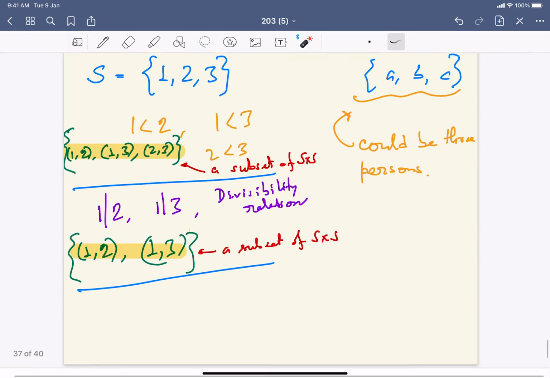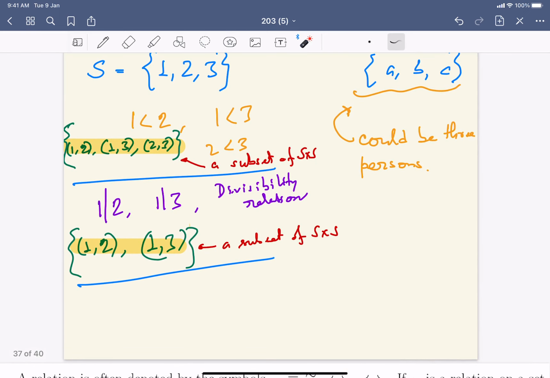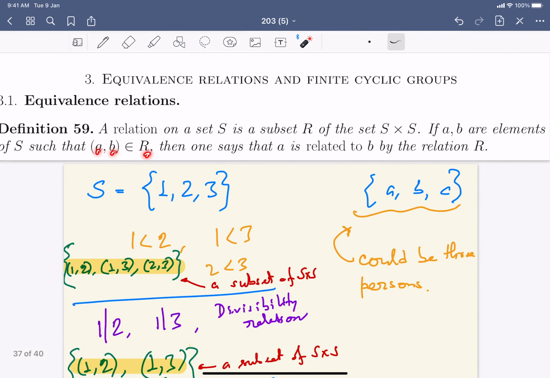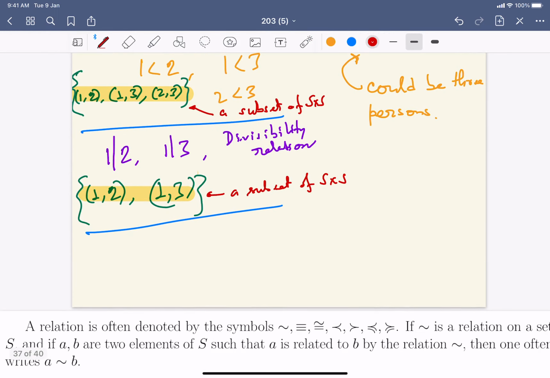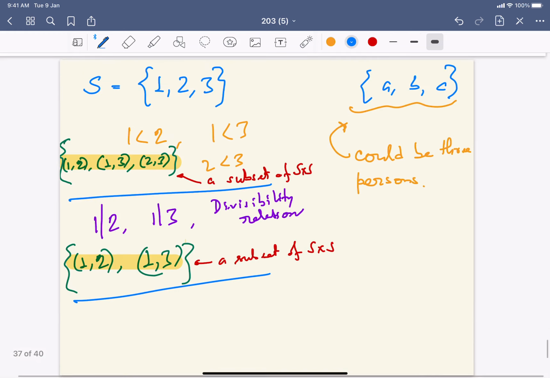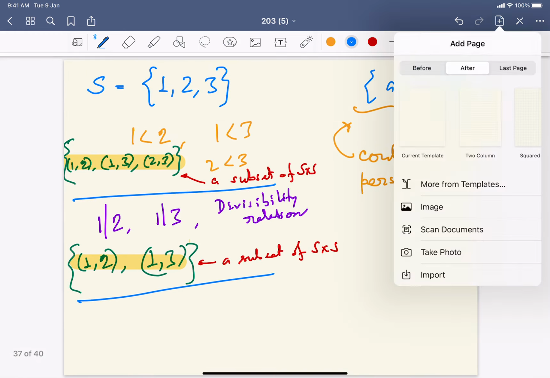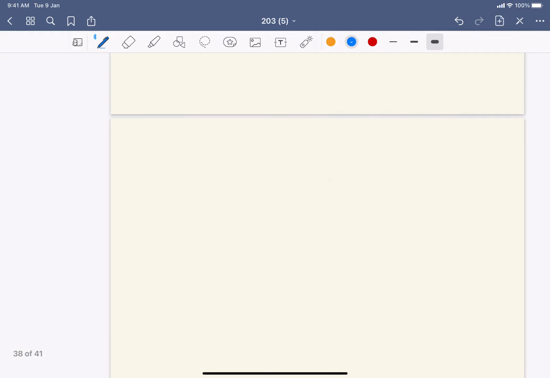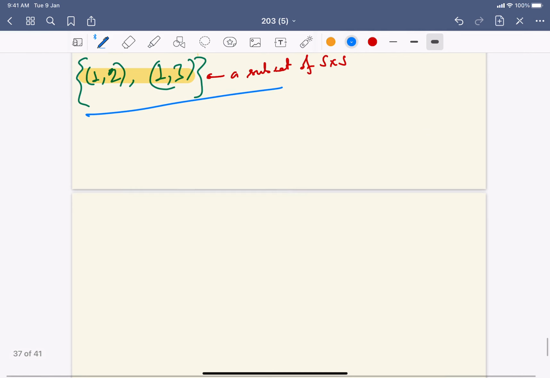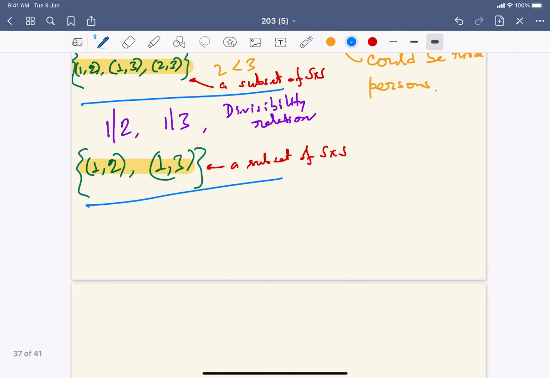And as I said, it may happen that A comma B lies inside R. In other words, A is related to B, but it can happen that B is not related to A. An example of such a situation is that we know that 1 divides 2, but 2 does not divide 1, okay?